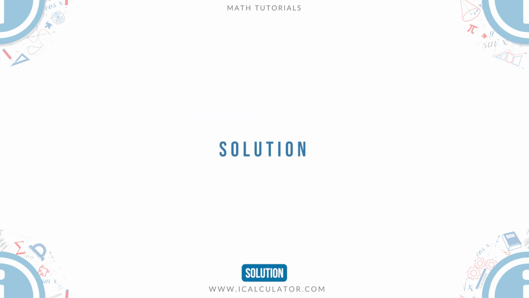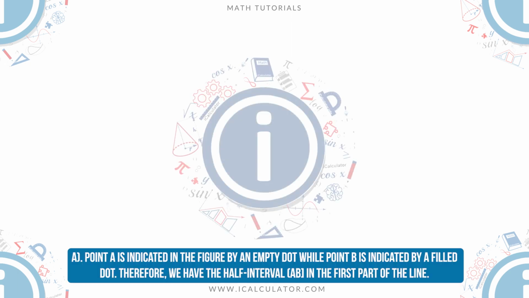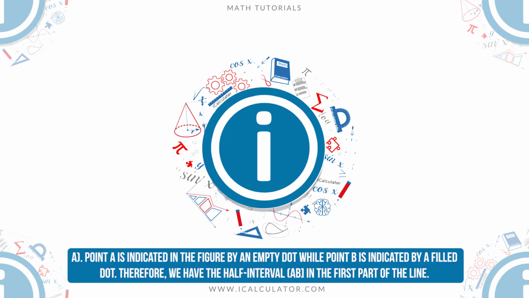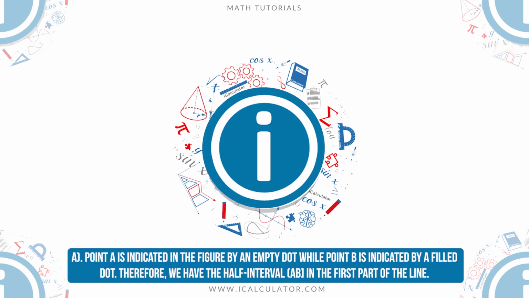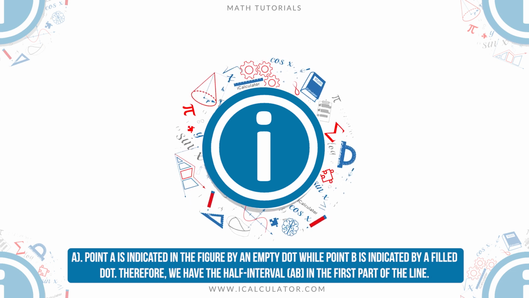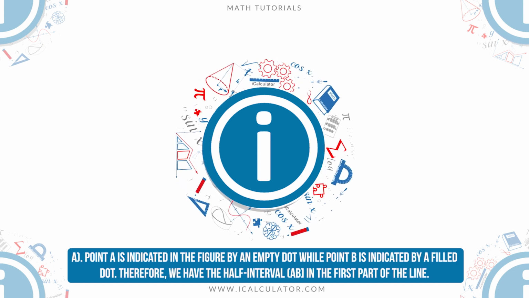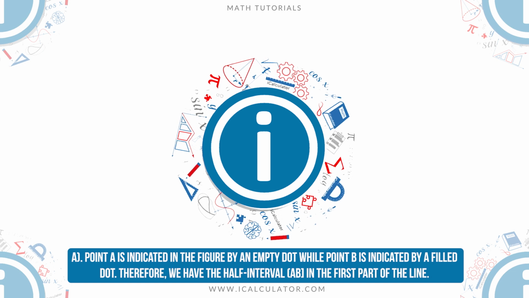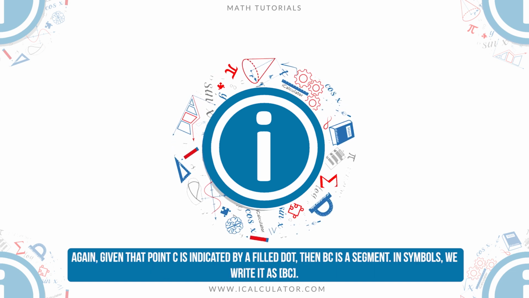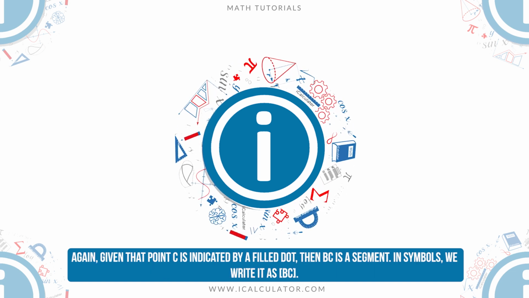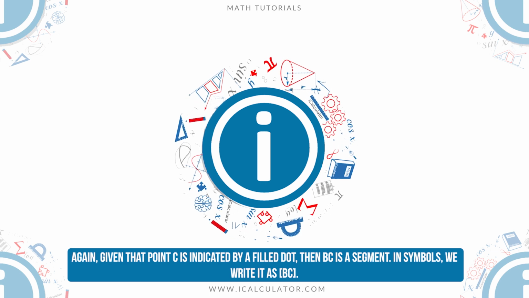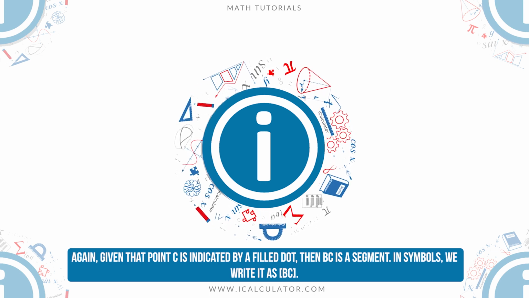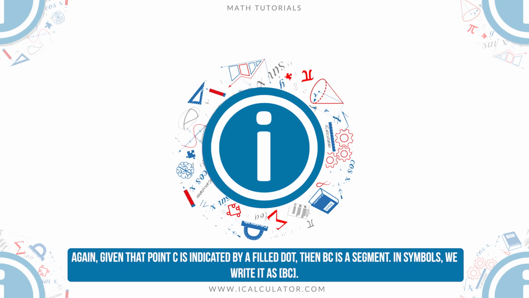Solution. Point A is indicated in the figure by an empty dot while point B is indicated by a filled dot. Therefore, we have the half interval AB in the first part of the line. Again, given that point C is indicated by a filled dot, then BC is a segment. In symbols, we write it as BC.